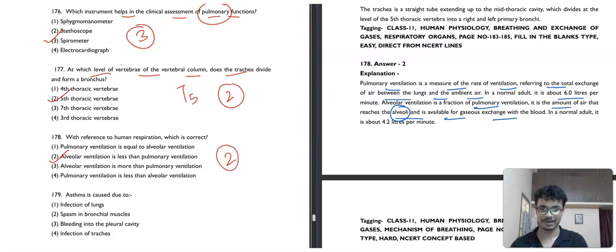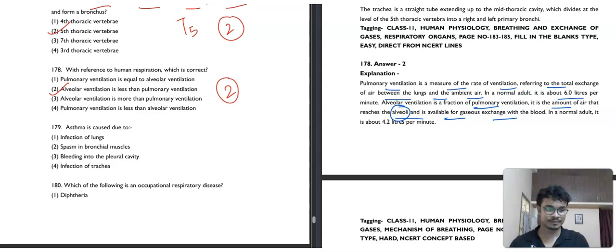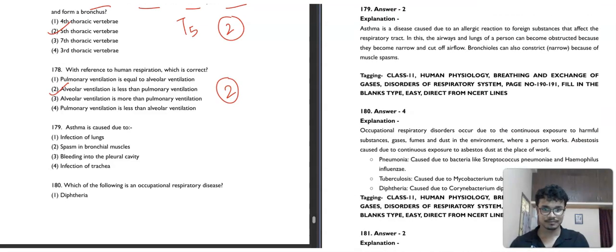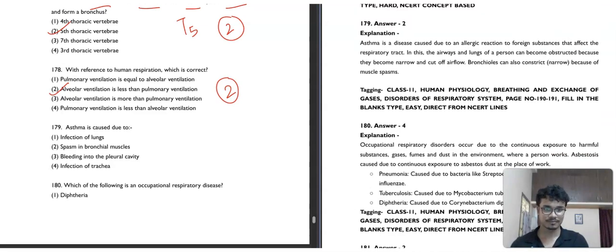Then question number 179. It is saying, asthma is caused due to infection of lungs, spasm in bronchial muscle, bleeding into pleural cavity, or infection of trachea. So asthma is caused due to spasm in bronchial muscles. So the second option is our correct answer for this question.